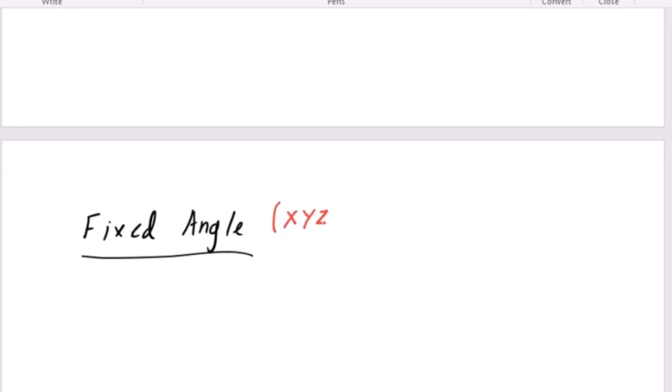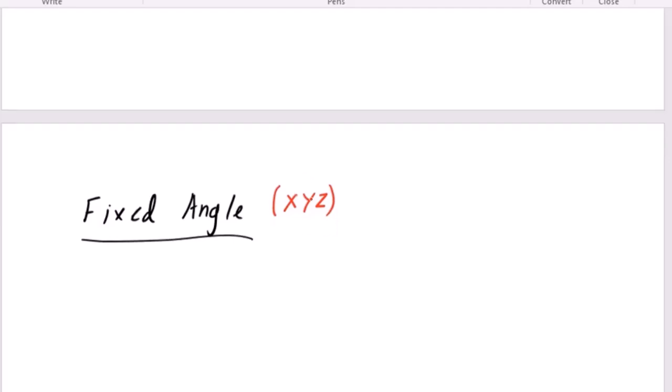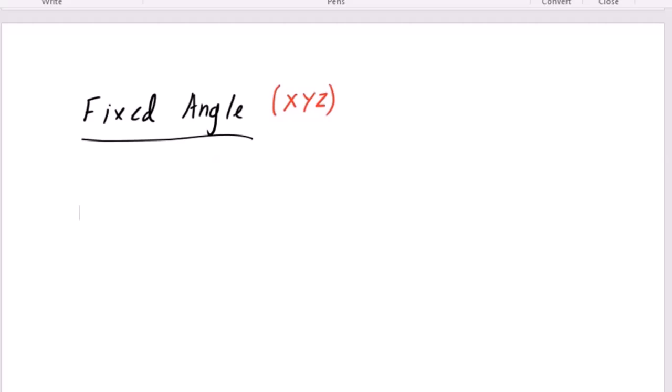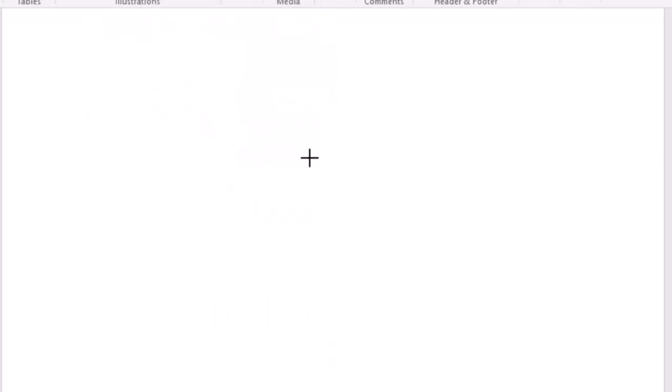So let us go to the fixed angle representation. For the fixed angle, I will choose X, Y, Z. So this is the X, Y, Z. I will prepare the graph.